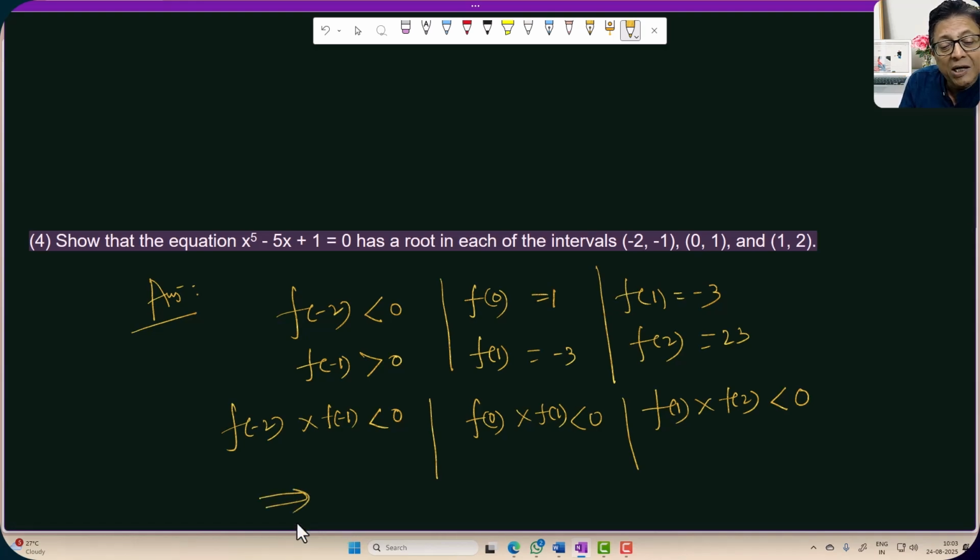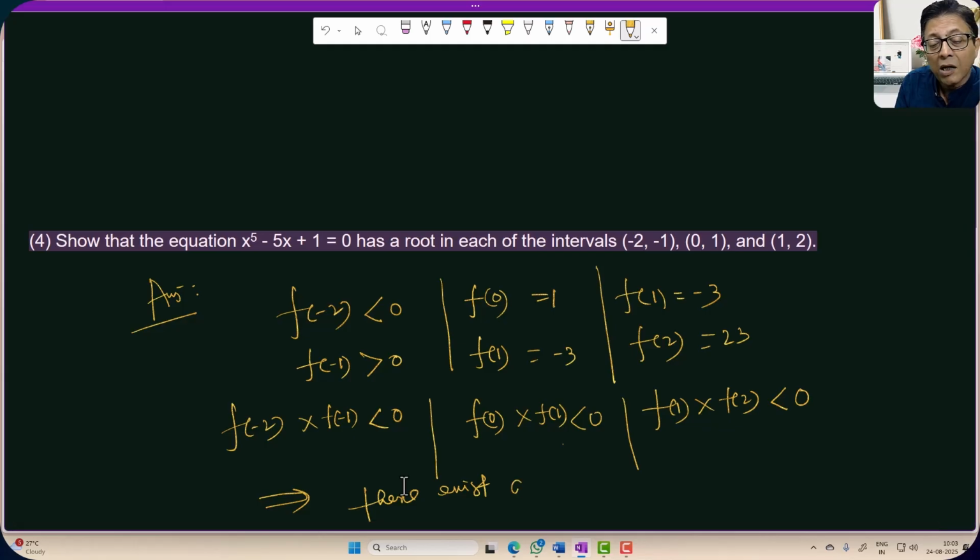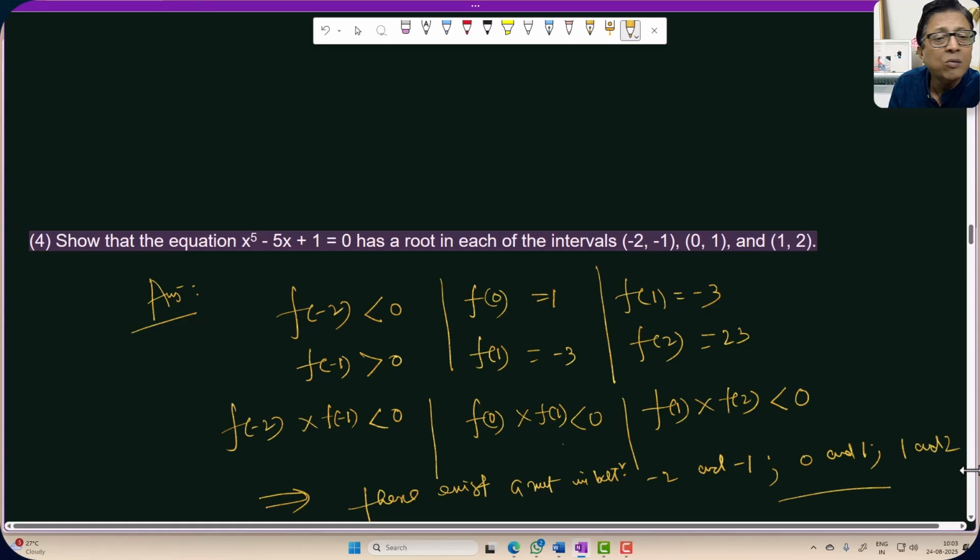So this implies that there exists a root in between minus 2 and minus 1, 0 and 1, 1 and 2. Other roots? Not interested in finding now.